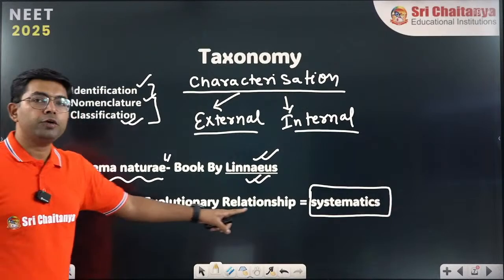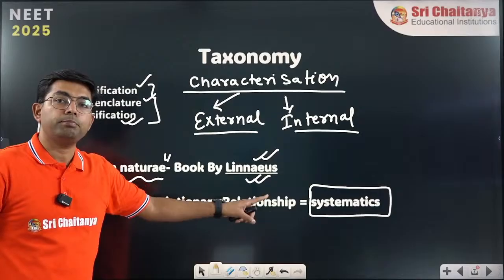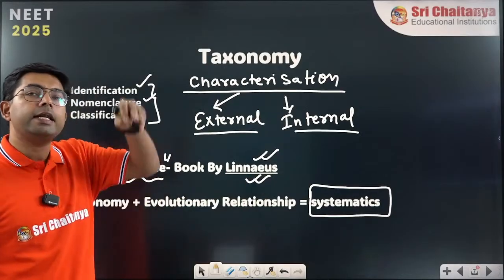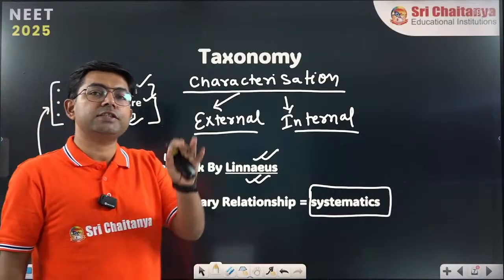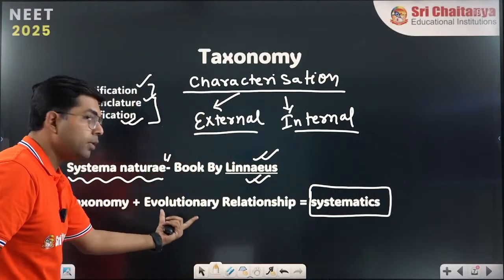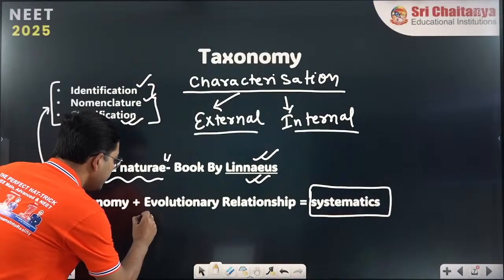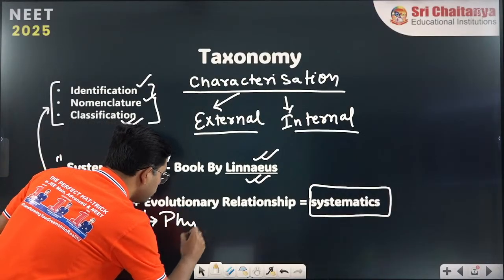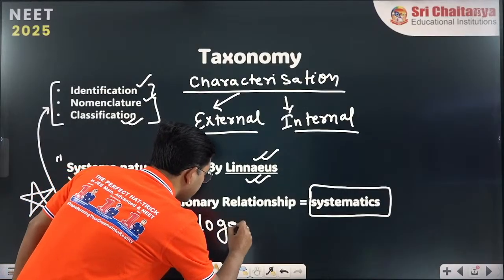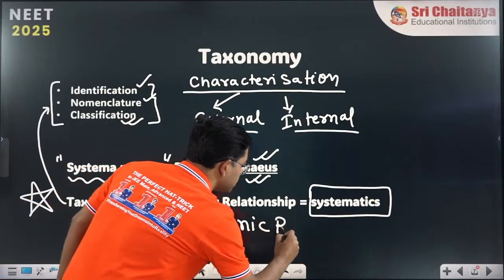Along with that, if we study the evolutionary relationship, it means we are studying the relationship with the ancestors, that is, how a species has evolved. Now remember this, note this point: the evolutionary relationship is also called the phylogenetic relationship. Both terms can be used.